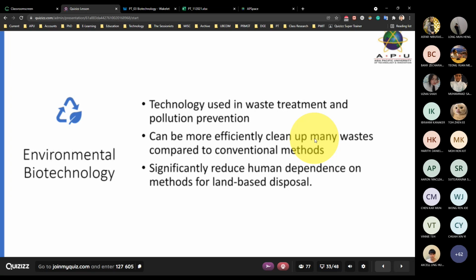Even the most recent and quite bad one, I think the one I remember hearing about early this year in Mauritius. A lot of the cleaning and removing of oil spills falls under environmental biotechnology. They use it in waste treatment, pollution prevention, and so on.